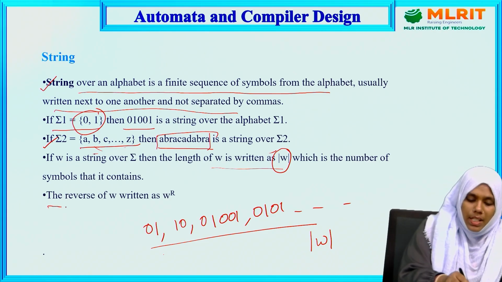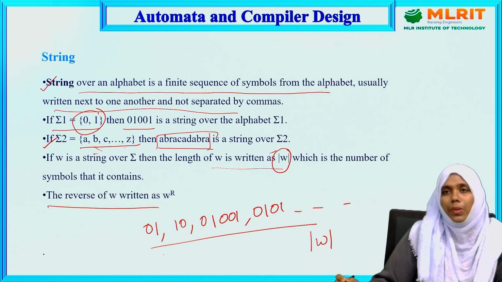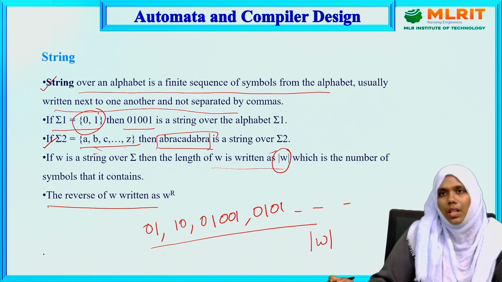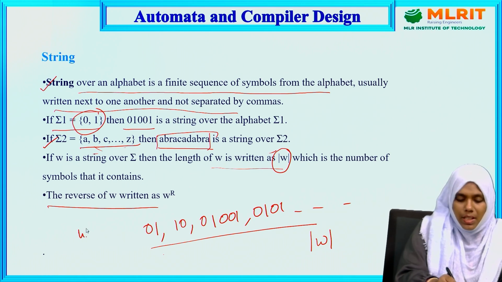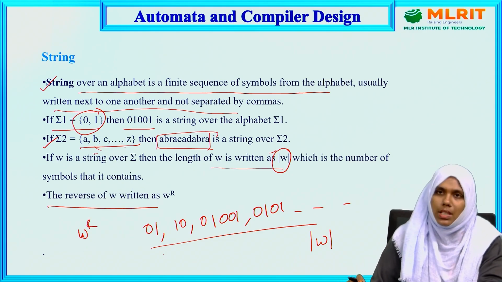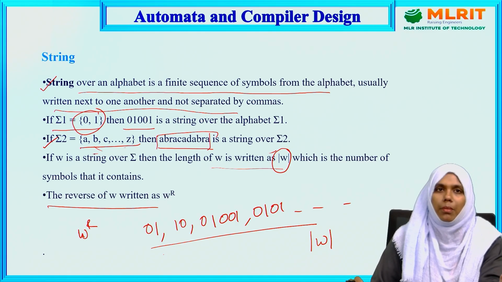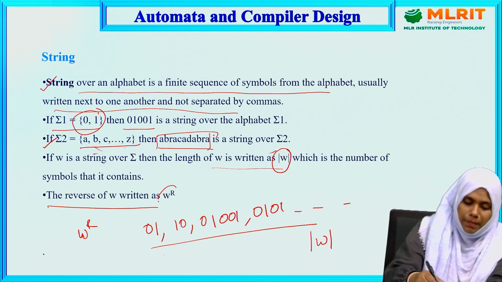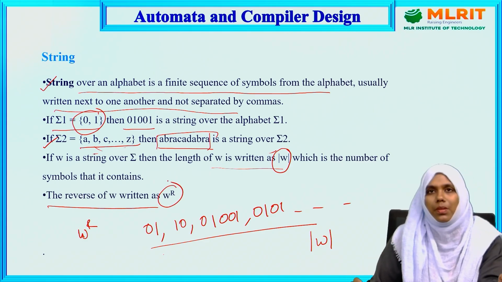Now, what is the reverse of a string? How can you write the reverse of a string? The reverse of a string can be written as W power R. R is the reverse form. If W is a string, the reverse of the string will be W power R.